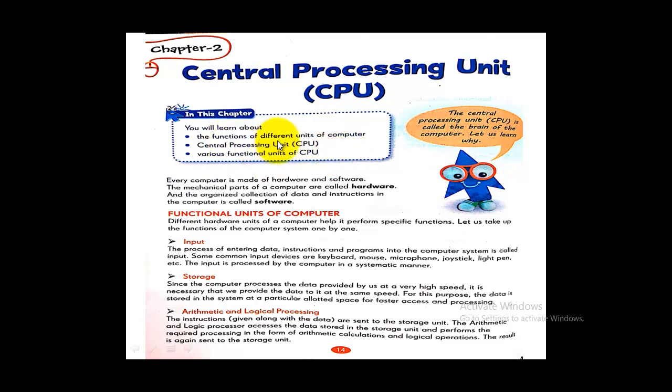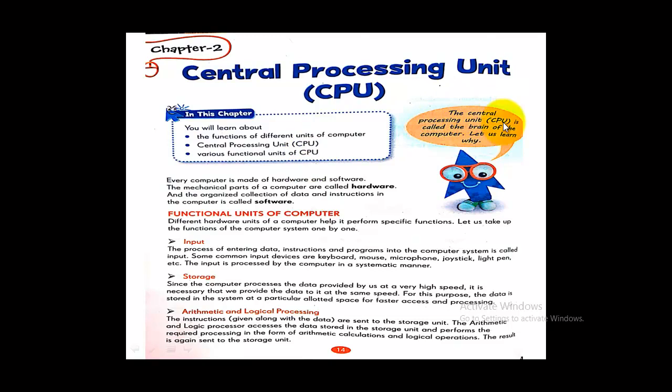Then Central Processing Unit, CPU, and the various functional units of CPU. Those different functional units we are going to study in this chapter.